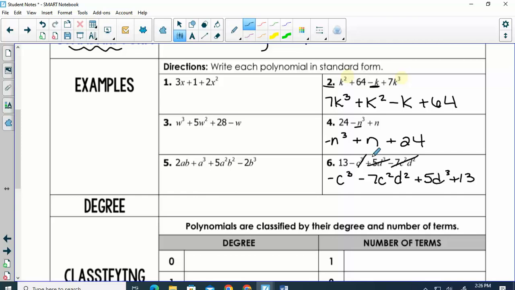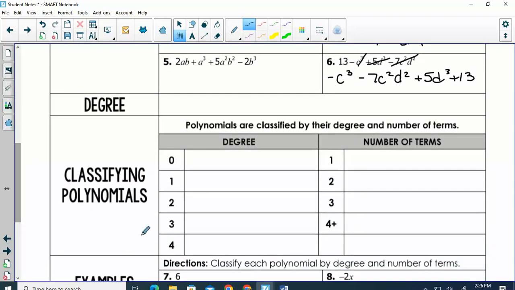We can classify these polynomials, kind of give them special terms based on how many pieces are in them. There are two different ways it can be classified. One is based off the degree, which is your highest exponent. And one is based off how many terms.